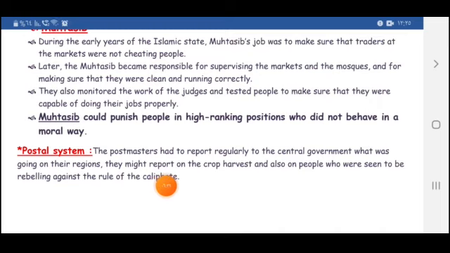They did not want that to be repeated with them, and that's why the postmasters' job was to keep an eye on those who could rebel against the caliphate of the Abbasids and watch them carefully. If he sees anyone doing something like that, he must report to the caliph.